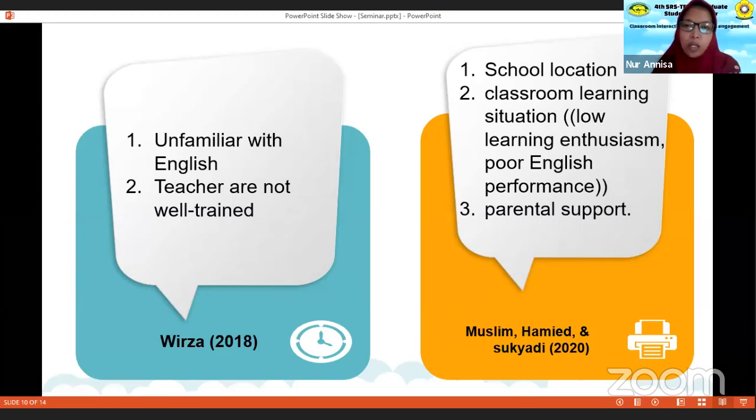The student needs parental support to learn language because in the EFL context, students do not have as much opportunity as ESL students. EFL students cannot learn language outside the classroom.